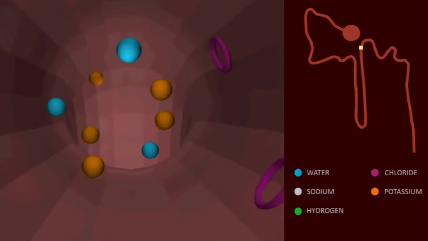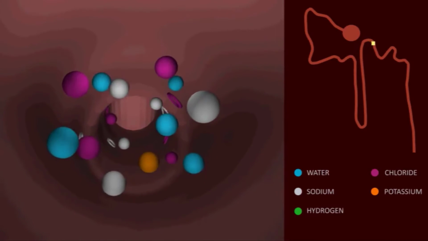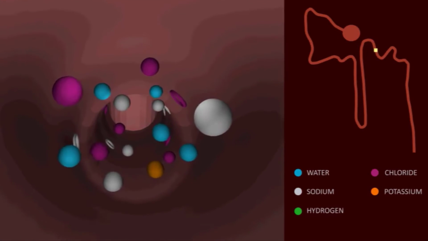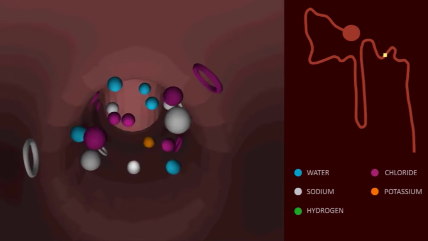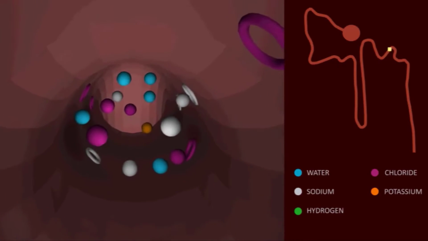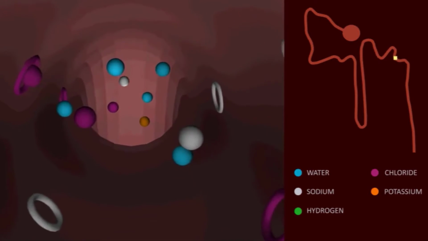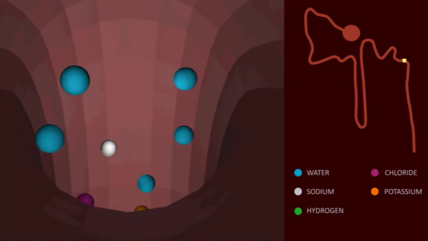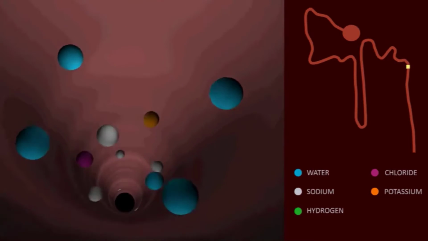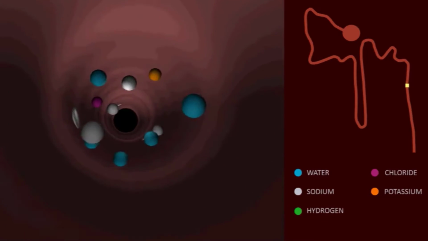Consequently, the tubular fluid rises through the ascending limb along with active reabsorption of sodium chloride, while urea passively diffuses into the tubular fluid. The osmotic concentration of the filtrate lowers to about 100 milliosmol per liter. Some reabsorption takes place in the DCT due to the action of ADH hormone. This increases the osmotic concentration of the filtrate to about 300 milliosmol per liter.